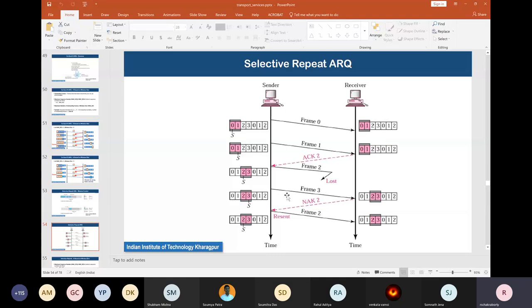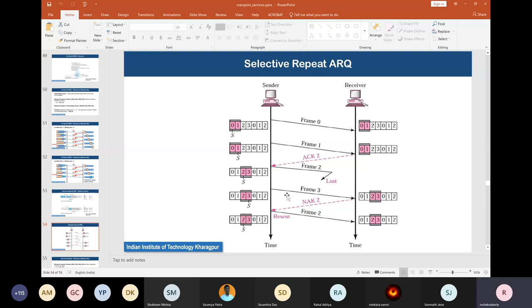Now, when the receiver sends an acknowledgement, this diagram for the first time shows a convention where the acknowledgement number is for the next expected segment. Please remember this. This is slide number 54.